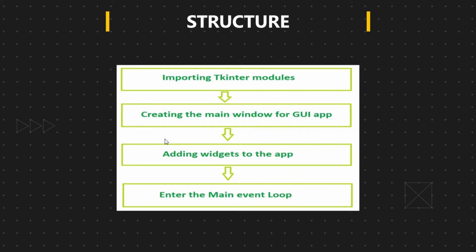And at the end, after adding all your widgets and all your functionalities, you enter the main event loop. This main event loop means that I want my frame to keep on displaying. Don't forget this main event loop. Without that, your GUI will just flash and disappear once it has performed its function. The main loop will make your GUI keep on displaying.